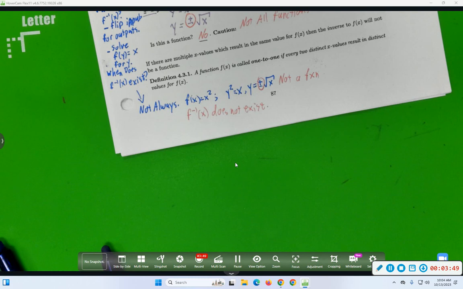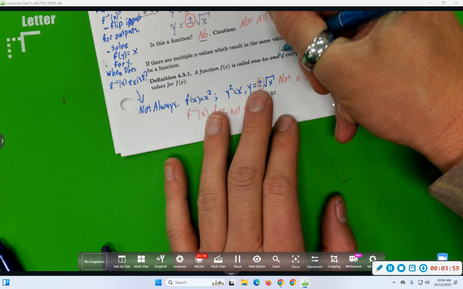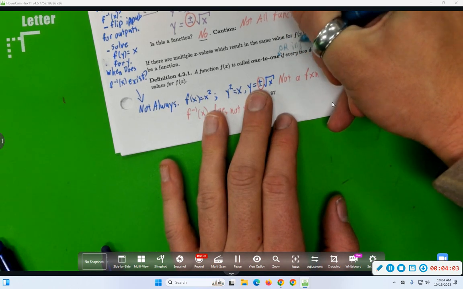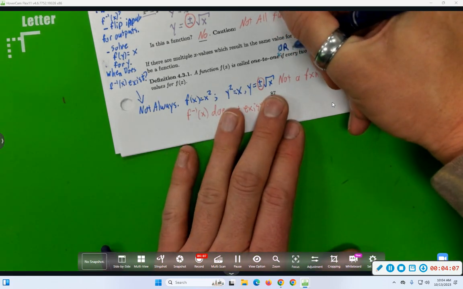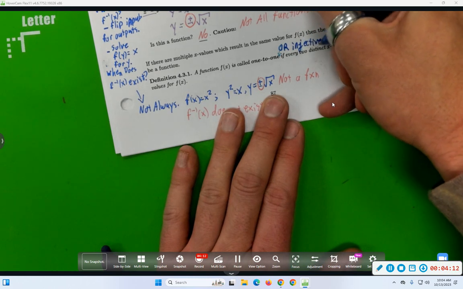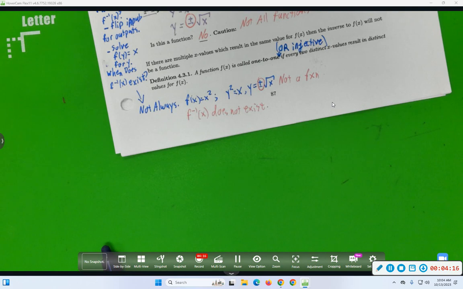And here's a definition which is that, but now written down. A function f of x is called one-to-one, or injective. I'm going to include this word because I might sometimes slip up and say it. It's just a synonym for one-to-one.